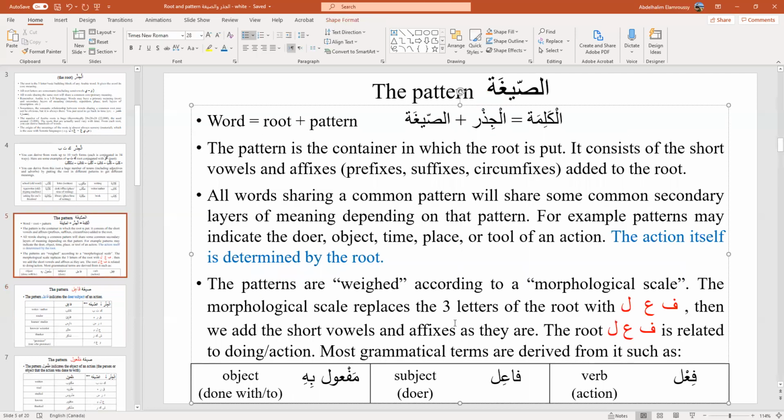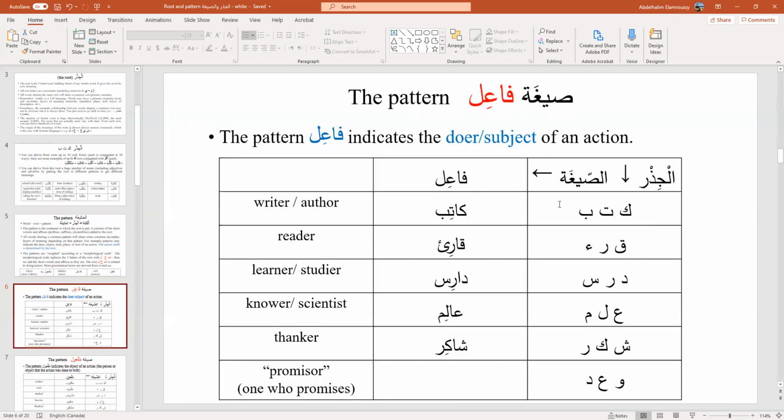So the fa we replaced with the kaf, the ayn we replaced with the ta, and the lam we replaced with the ba. That's the first step: replace the fa, ayn, and lam with R1, R2, and R3 respectively.